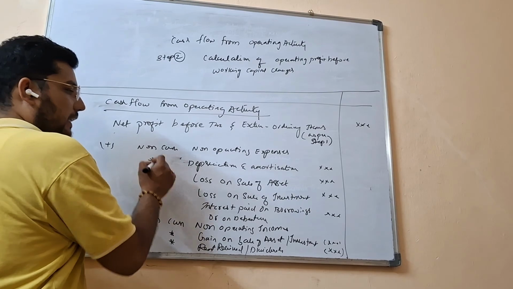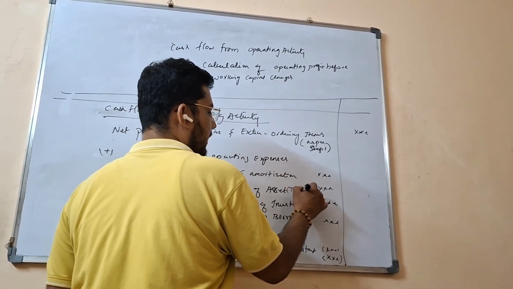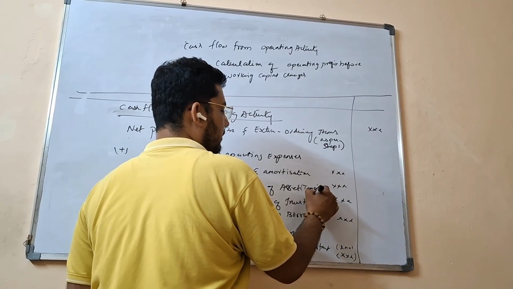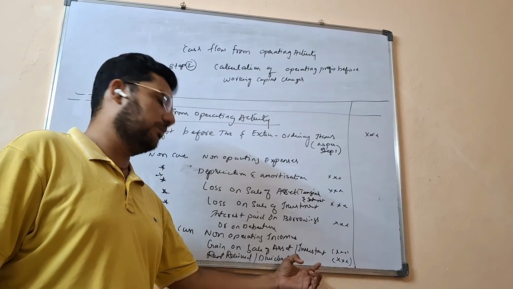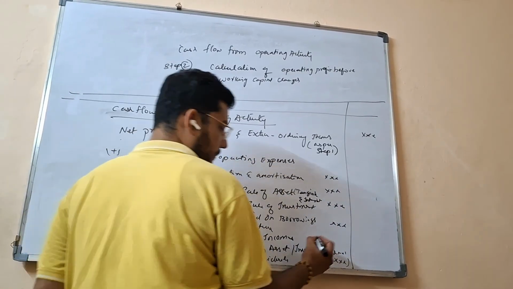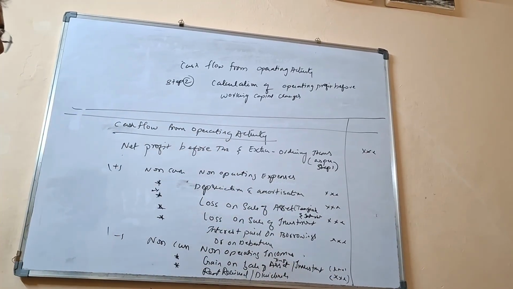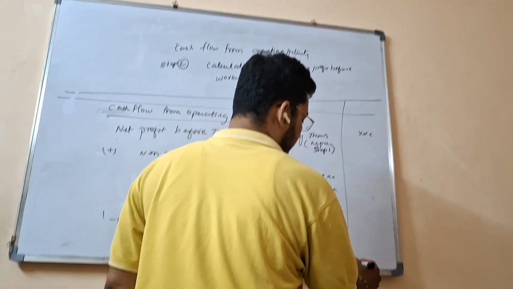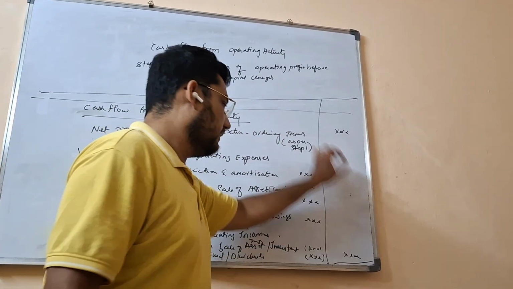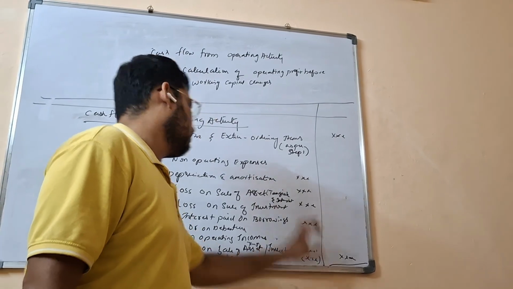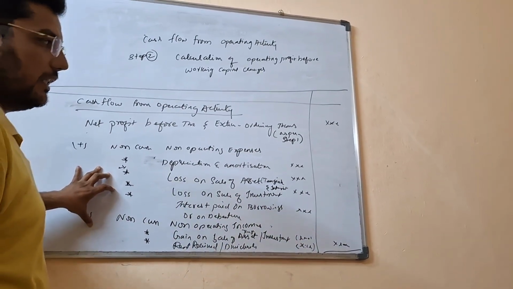Now there are chances where the loss on sale of asset which I am talking about includes both tangible and intangible. And here also, the gain on sale of asset or investments includes tangible assets and intangible assets. Once you add and deduct, non-cash, non-operating expenses are added, non-cash, non-operating incomes are deducted.